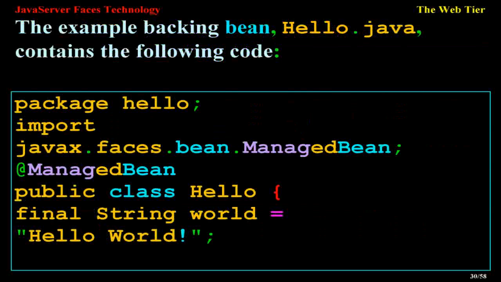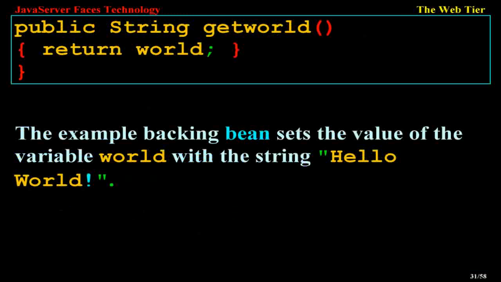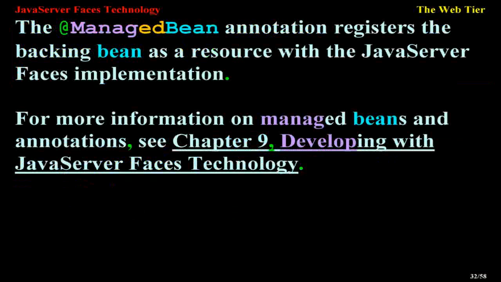The example backing bean, Hello.java, contains the following code: package hello; import javax.faces.bean.ManagedBean; @ManagedBean public class Hello { final String world = "Hello World"; public String getWorld() { return world; } }. The example backing bean sets the value of the variable world to the string Hello World. The ManagedBean annotation registers the backing bean as a resource with a JavaServer Faces implementation. For more information on managed beans and annotations, see Chapter 9, Developing with JavaServer Faces Technology.